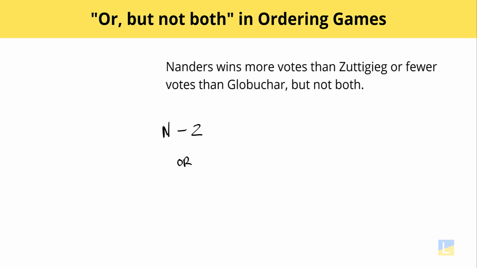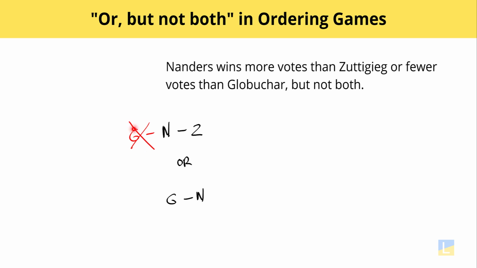The other possibility for this OR is Nanders wins fewer votes than Klobuchar, so K is going to be before N. So now let's go ahead and apply our "not both." If we're in the first possibility where N is before B, we cannot have the K before N. By the way, you don't necessarily want to write out this K before N and then cross it out.